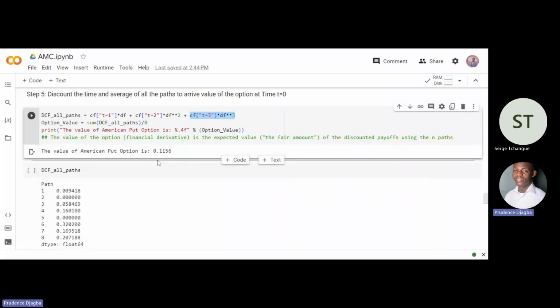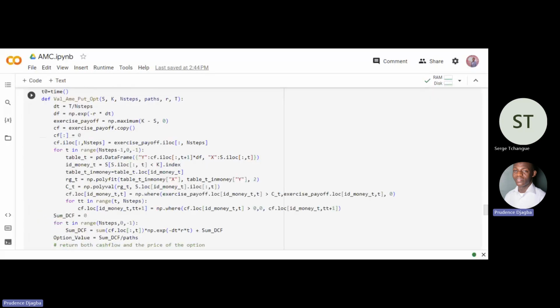Okay. So now, the transition to evaluate the CVA for the American Monte Carlo.